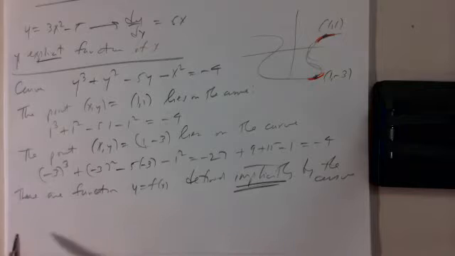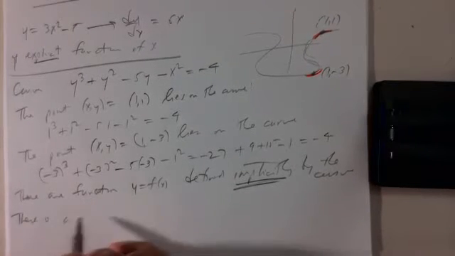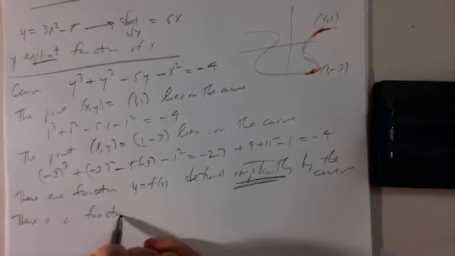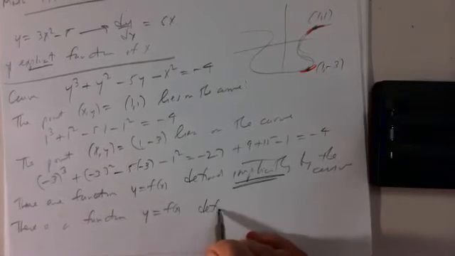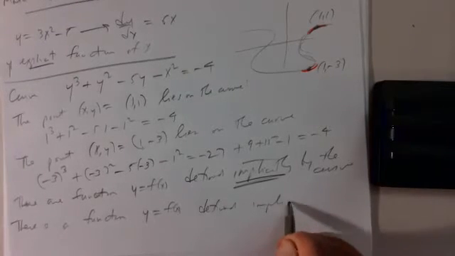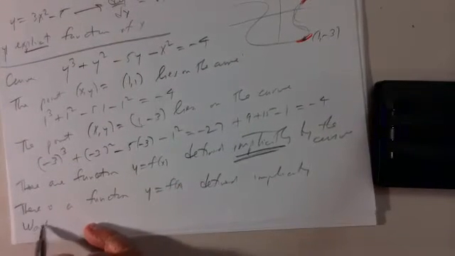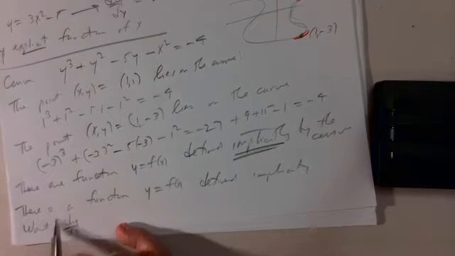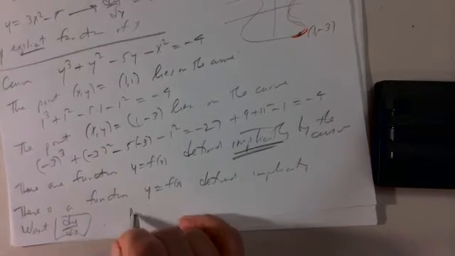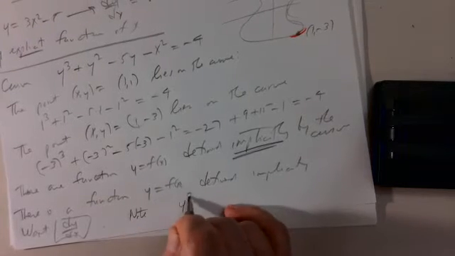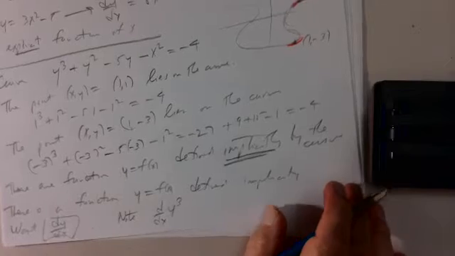And so there is a function y defined implicitly. And we want to find what is dy/dx. Now note, if you had y cubed, what is the derivative of y cubed with respect to x?